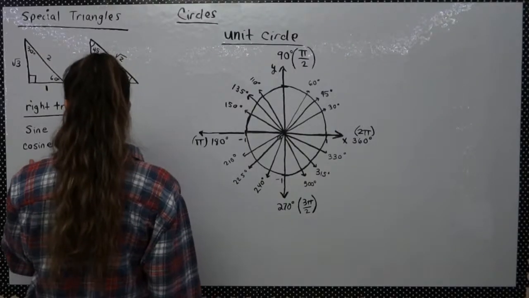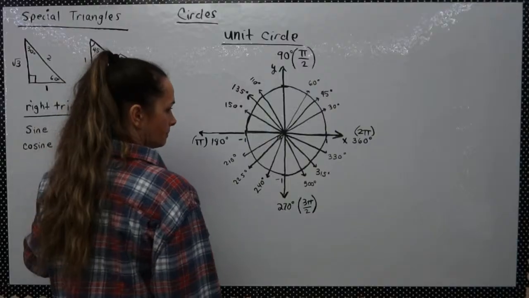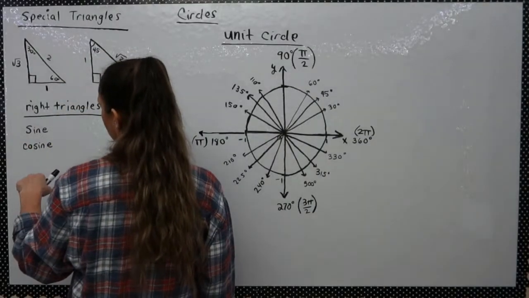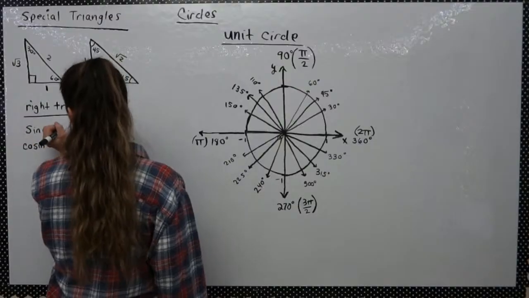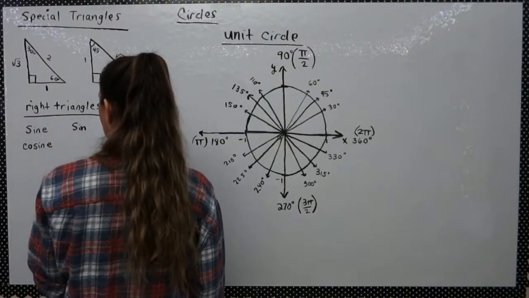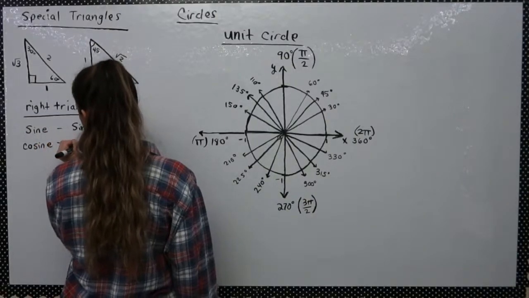We don't need tangent in this case. We're just going to use sine and cosine. The tangent one will come later. Sine is abbreviated as sin, and cosine is abbreviated as cos.